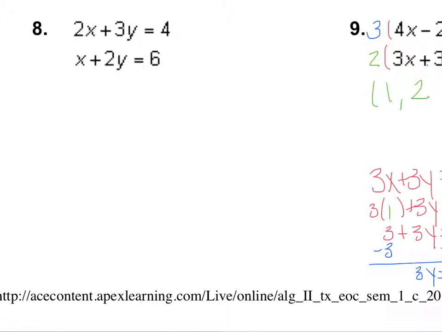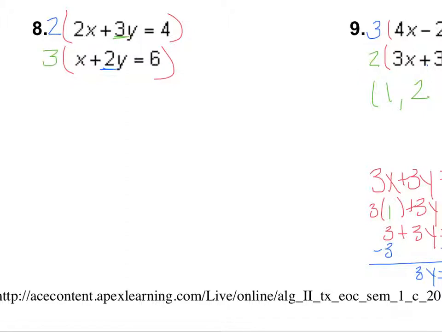So nothing right away is going to eliminate, so I'm going to have to multiply no matter what. So let's eliminate the y's. You could choose to eliminate the x's and you'd end up with the same answer. If I'm going to eliminate the y's, I need to multiply by the opposite coefficient, which means I need to multiply the top one by 2 and the bottom one by 3.